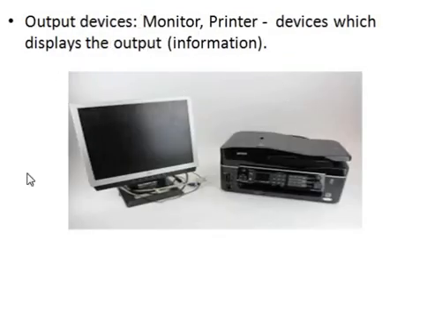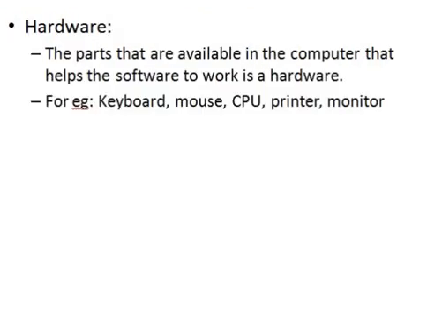Output devices are those through which we get the processed data, such as monitor and printer. Then hardware: the parts of the computer which we can see and touch, the physical parts, are called hardware. For example, keyboard, mouse, CPU, printer and monitor.